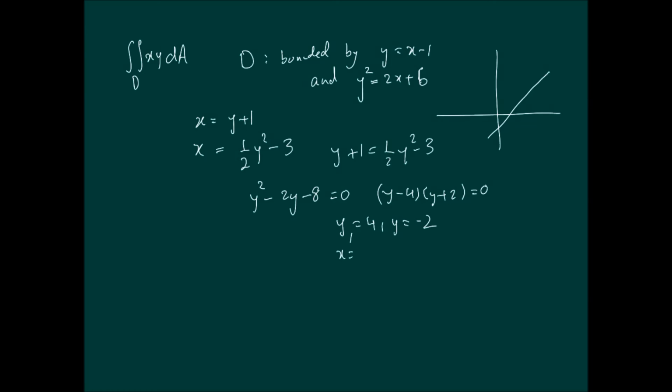This one gives us x is equal to 5, and this one gives us x is equal to minus 1. So our two intersection points are (5, 4) and (-1, -2). Okay, so that is important because that'll give us the range of values that we're looking for.